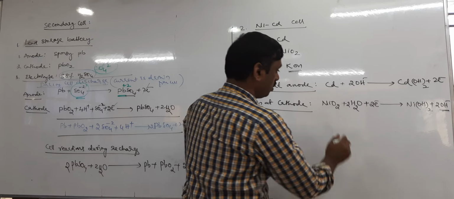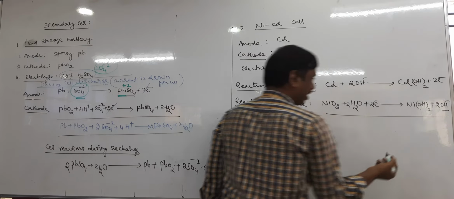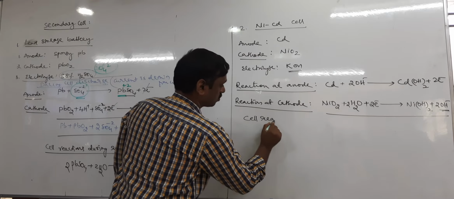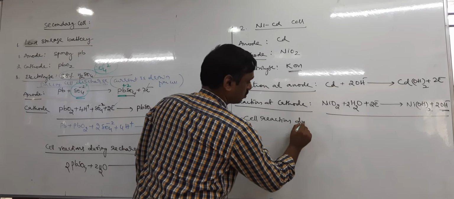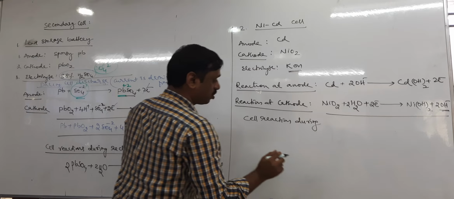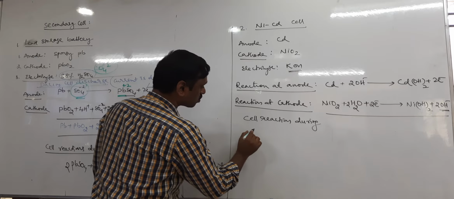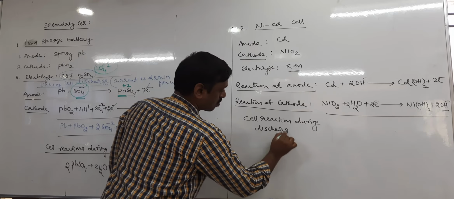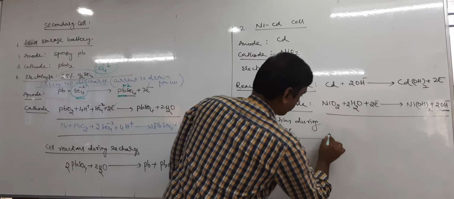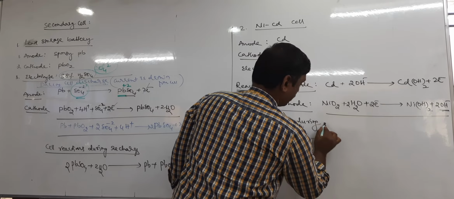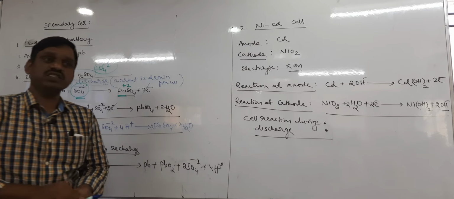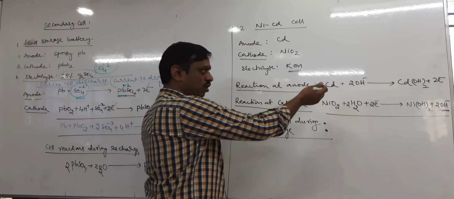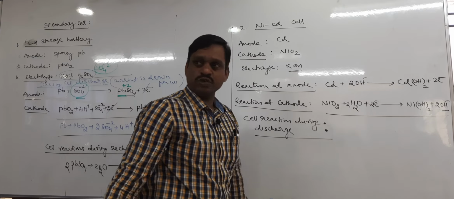Okay. Then what is the cell reaction? So the cell reaction during discharge. Tell me, during the discharge, what is the cell reaction? Now this is what we have written, it is during discharge only.